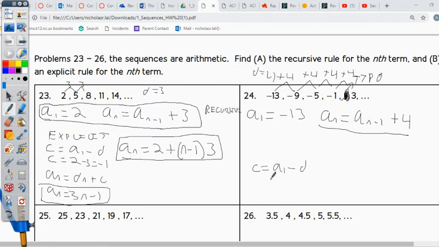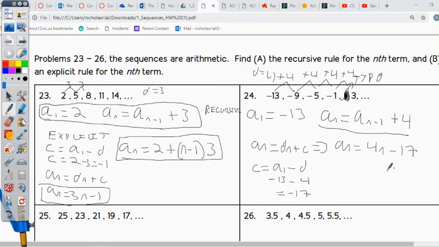So C is equal to negative 13 minus 4, which is negative 17. An is equal to Dn plus C, which means an is equal to 4n minus 17.